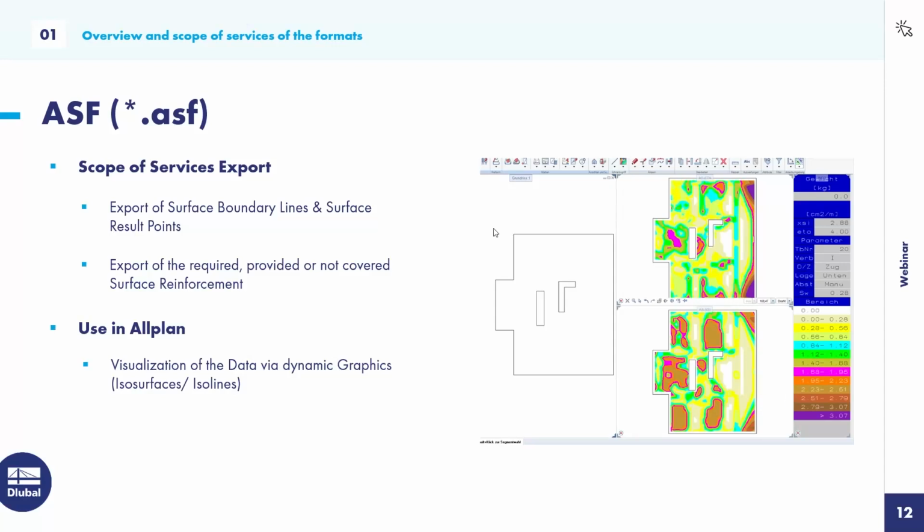Now you can define the reinforcements, for example, a mesh reinforcement inside that surface, and these graphics will then show the remaining or the not covered reinforcements. So you can graphically see where something is missing, where you have to add additional rebars. That is the use case.